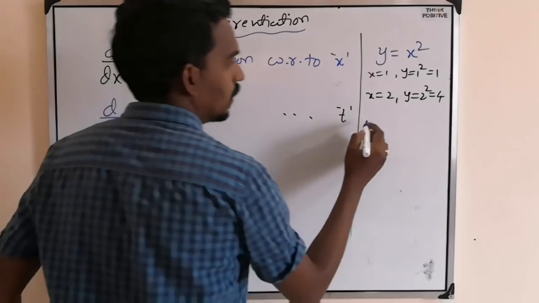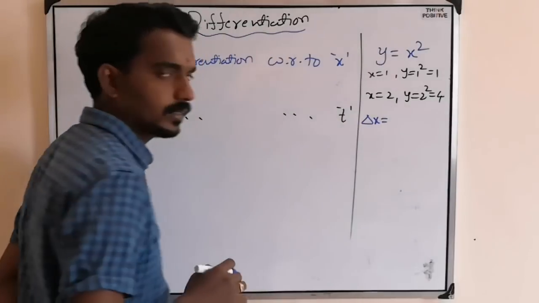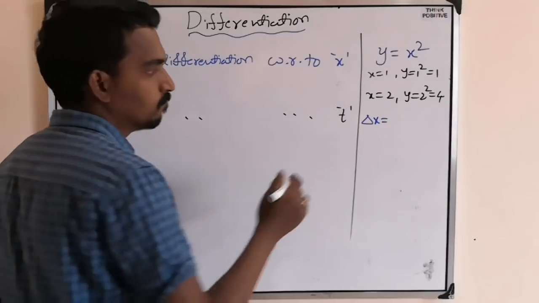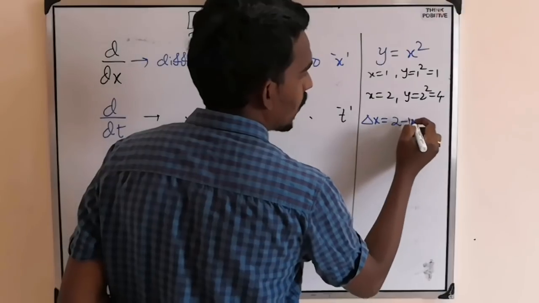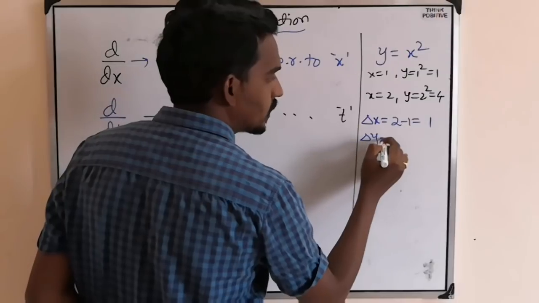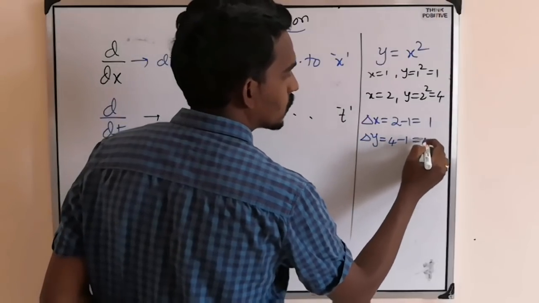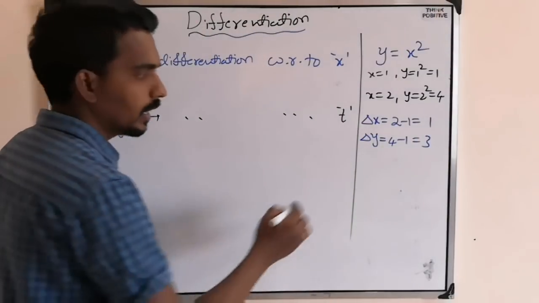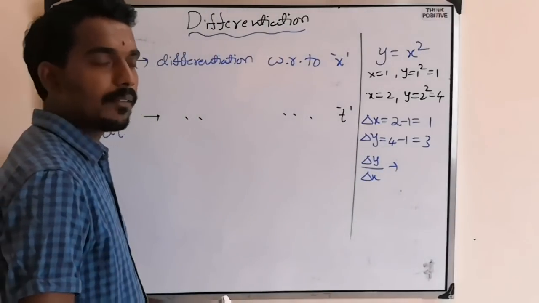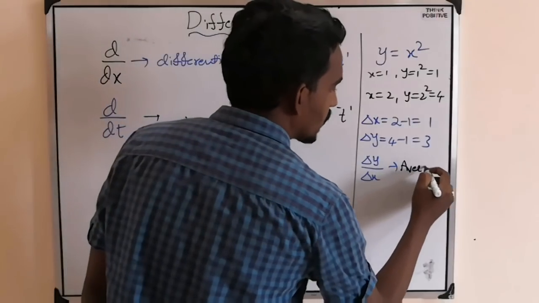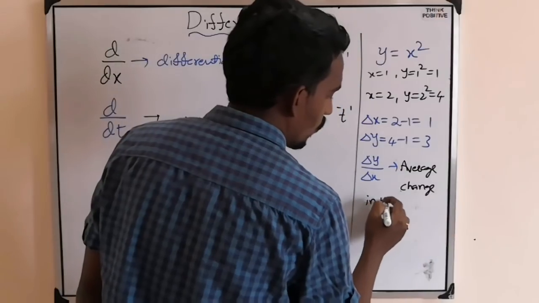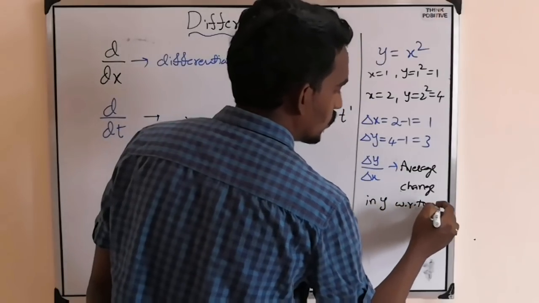Then delta x, delta is change, is 2 minus 1, 1. And the corresponding change in y is 4 minus 1, 3. Then delta y by delta x is called average change in y with respect to x.